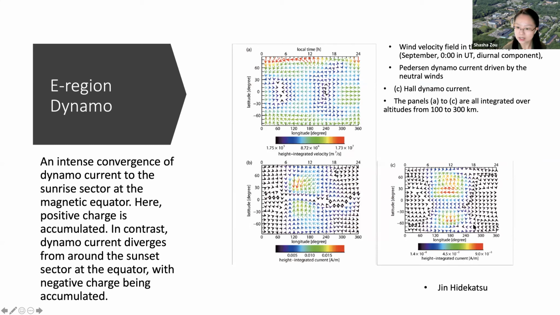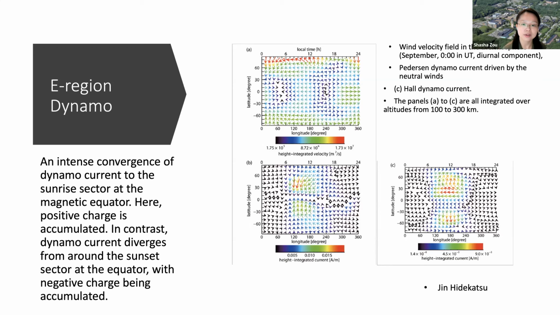And then this one is the Hall currents, and this one is the Pedersen currents. Those two currents exist between 100 and 200 kilometers in the ionosphere. And those currents here on the day side are mainly driven by the solar heating dynamo process.